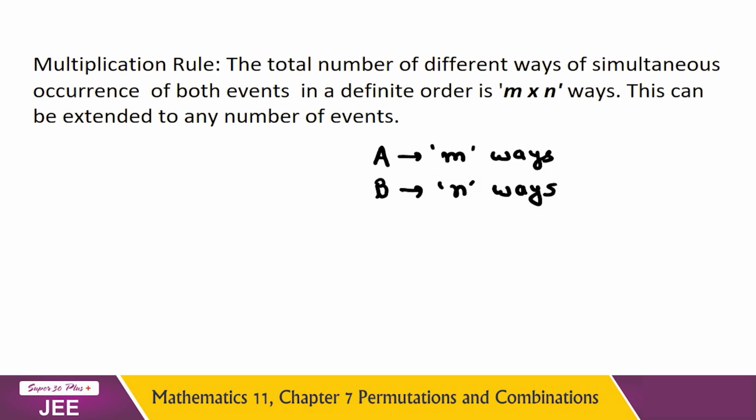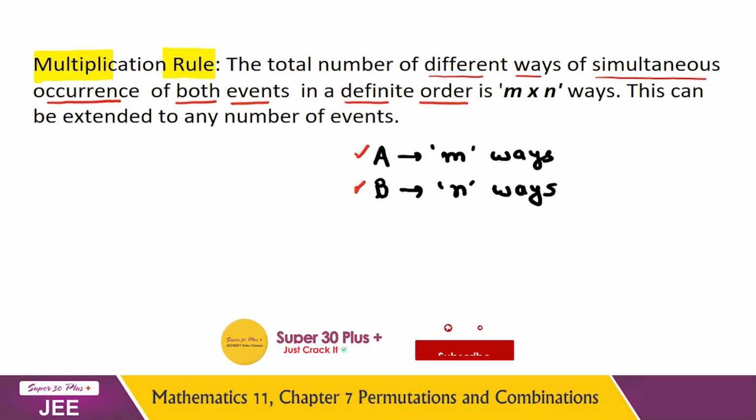Alright, so what does the multiplication rule say? Let's check out. The total number of different ways of simultaneous occurrence, now these are the keywords: simultaneous occurrence of both events, event A as well as event B, in a definite order. This is an important keyword, that in the multiplication rule order matters a lot.